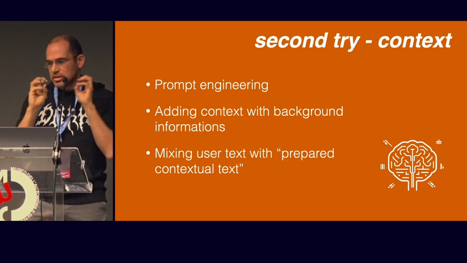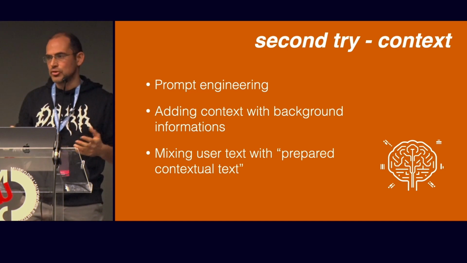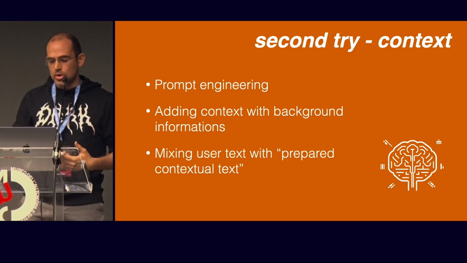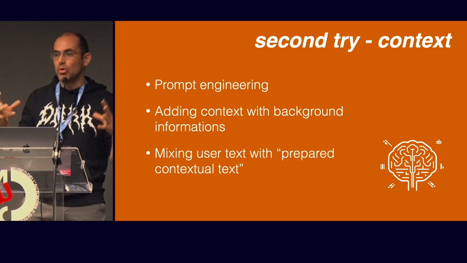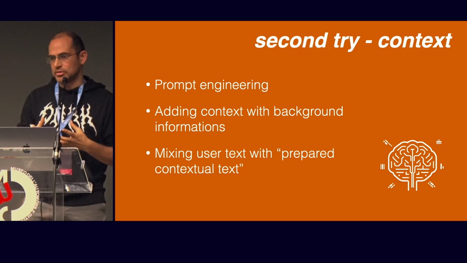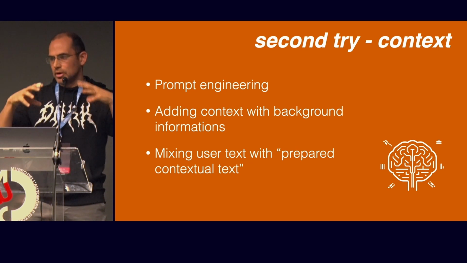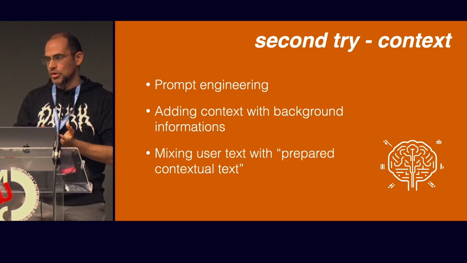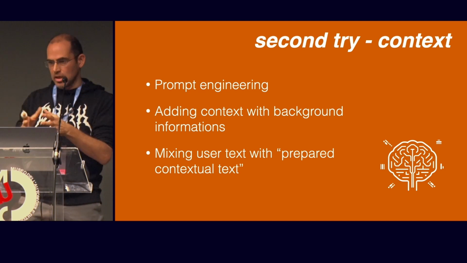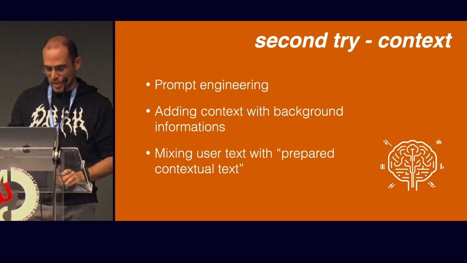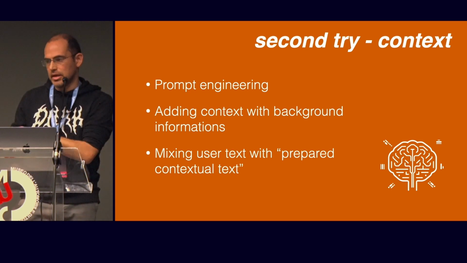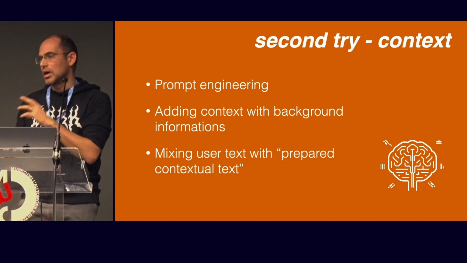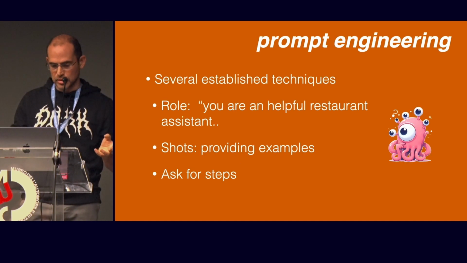Okay, be a little succinct, you write too much for us. So prompt engineering is how to enhance the input, our question, in order to reduce the scope of the language model and focus it on what we really need. So we have to mix the user question with other contextual information.